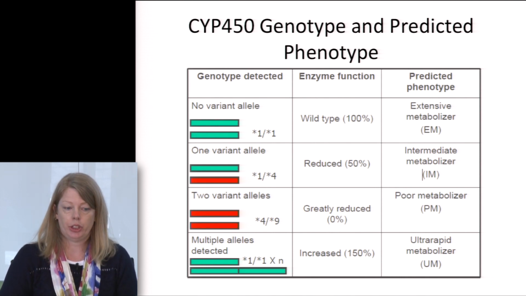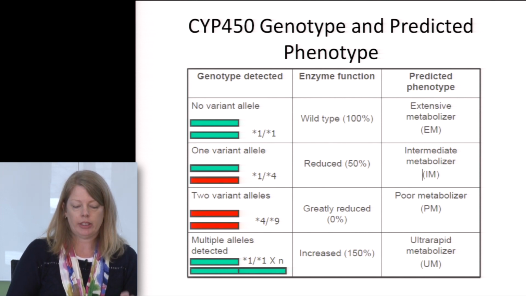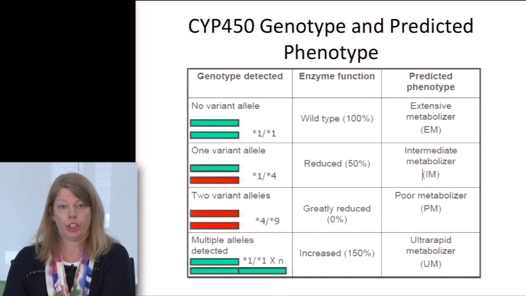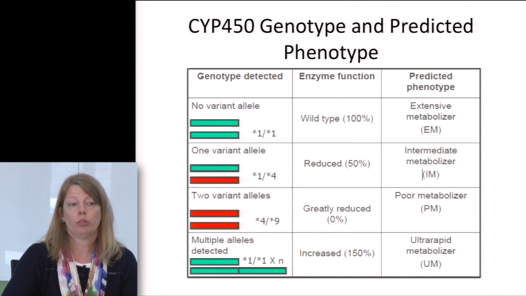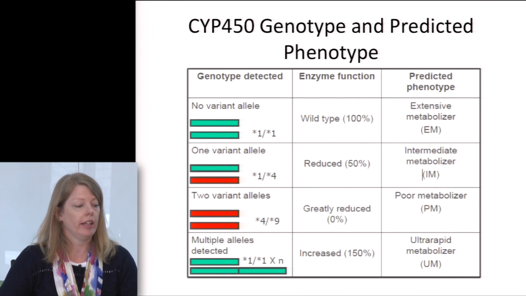So that's one of the issues with a test that's not sequencing, that doesn't test for all the positions. If you're testing for a limited number of star alleles and you don't find that variation, then tests default the subject to star 1.